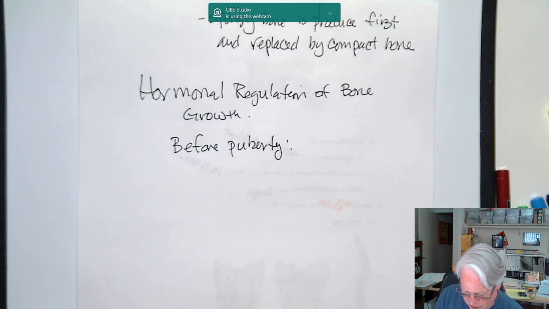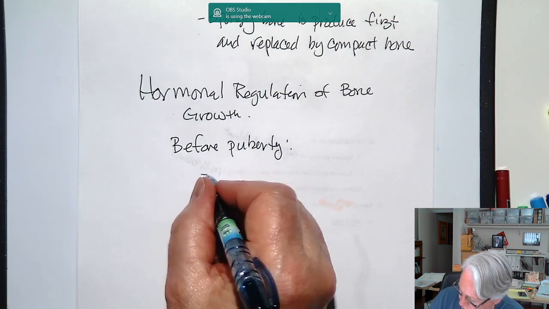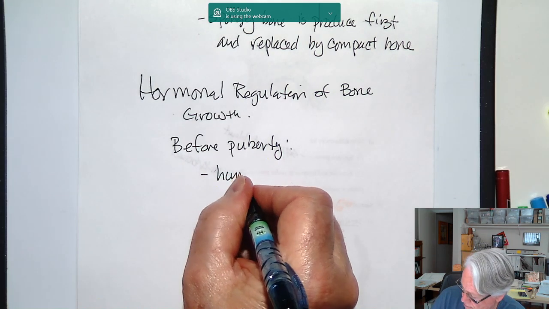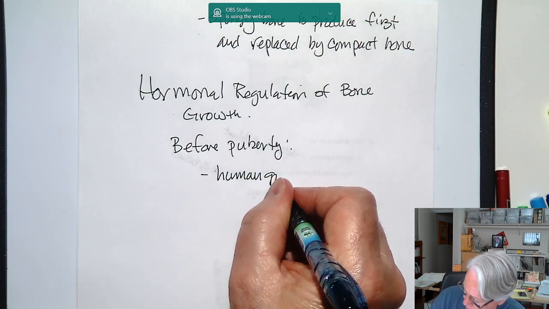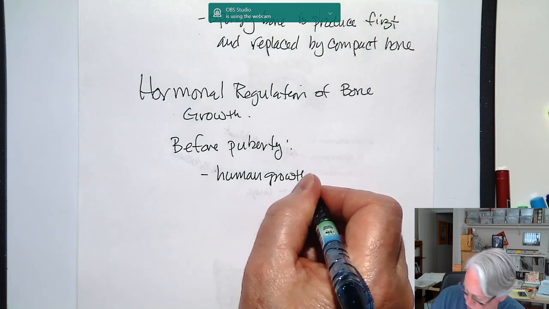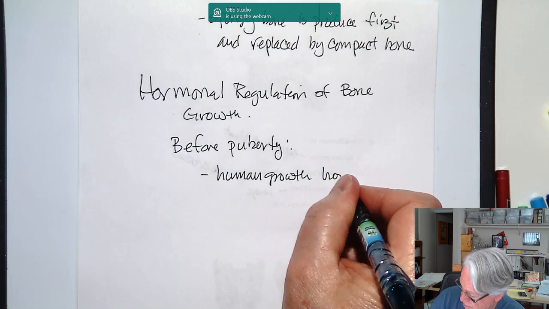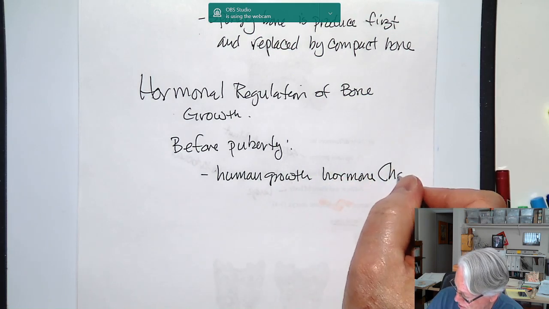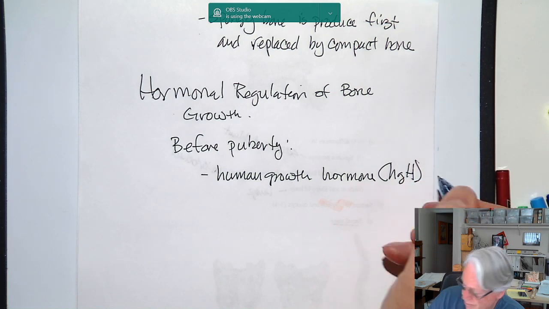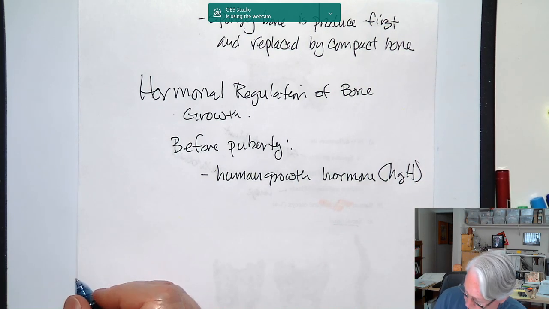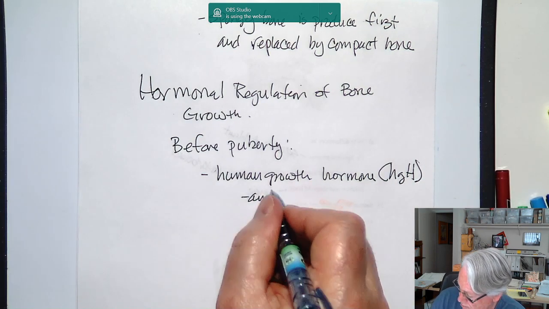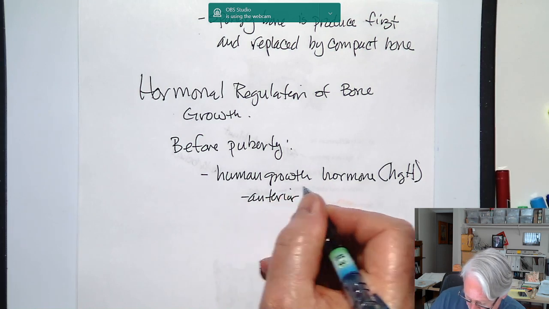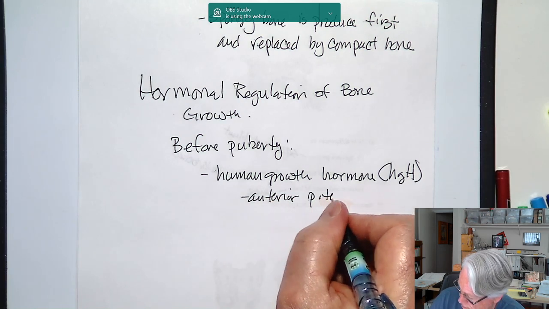Before puberty, the important hormones are going to be human growth hormone, which is HGH, big H. And this is coming from the anterior pituitary gland.